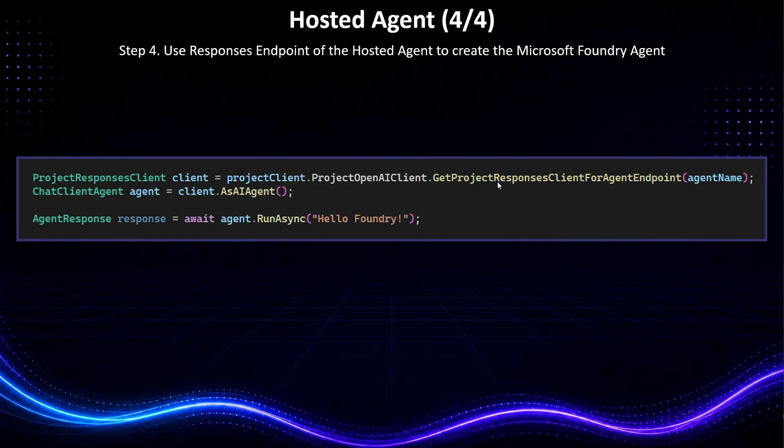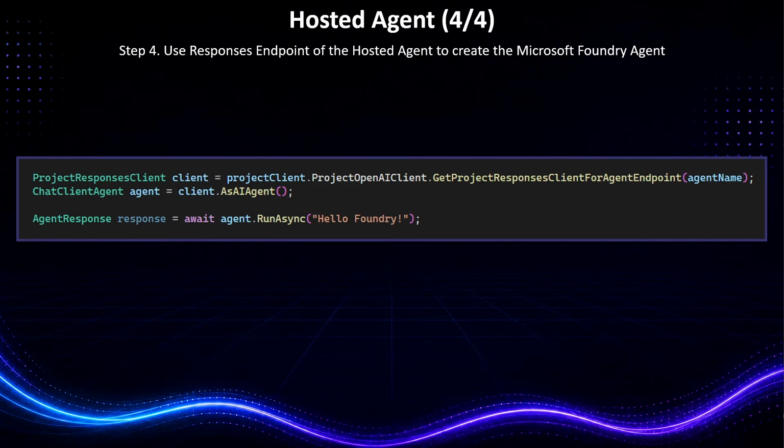You should use the specific endpoint for that agent. So we need to do this little extra step in order to actually get the agent's specific client, and via that we can make our normal chat client agent or AI agent and ask our question.